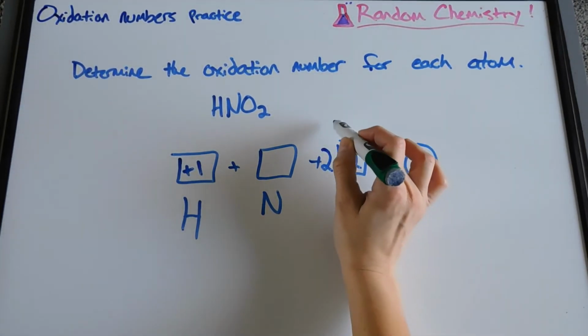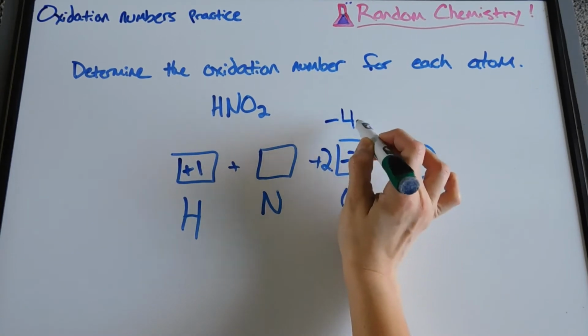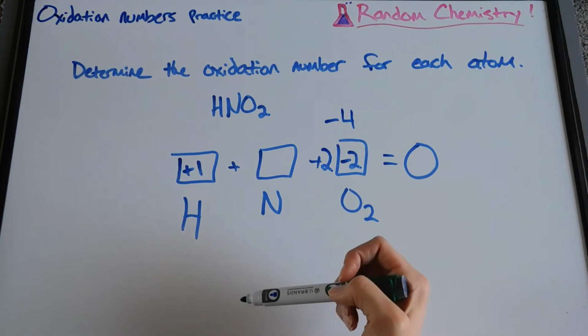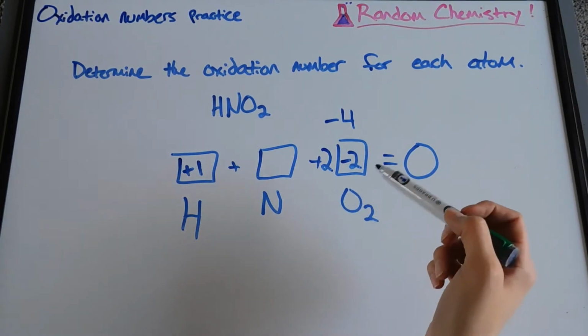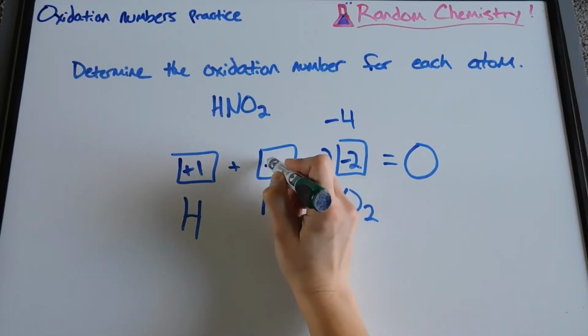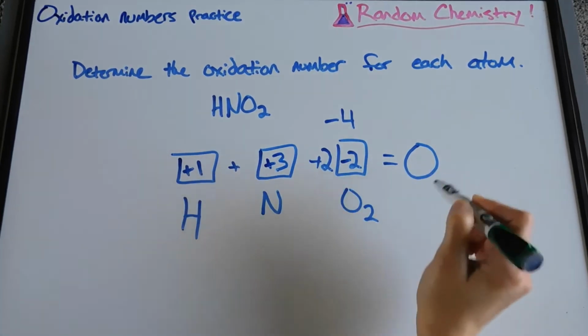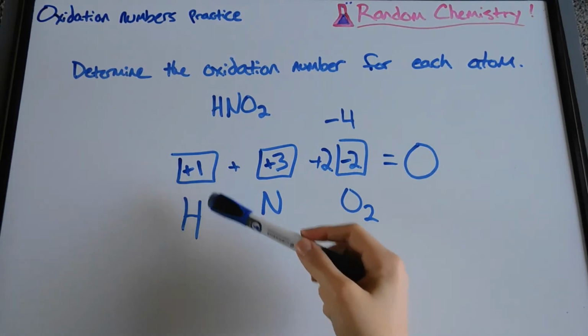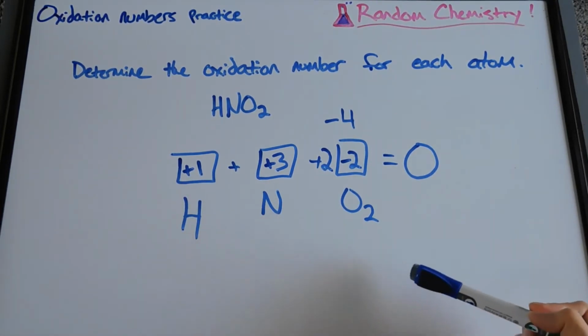So 2 times -2 is a -4. So -4 plus 1 is a -3. So I need to add 3 to get to 0. So here are the oxidation numbers for each of the atoms. Hydrogen is +1, nitrogen is +3, and oxygen is -2.